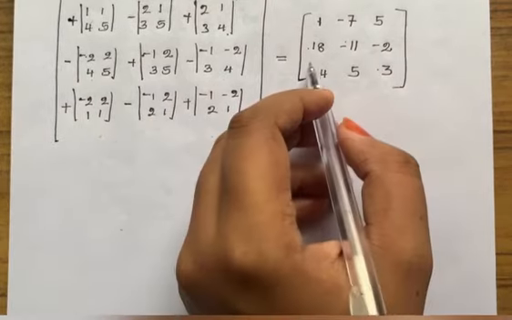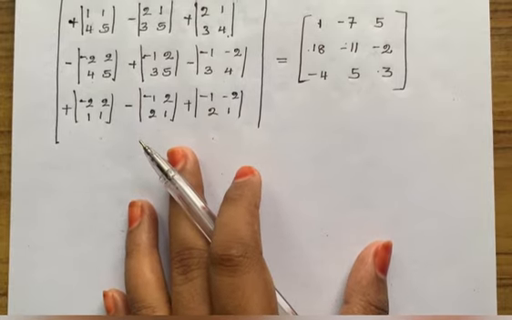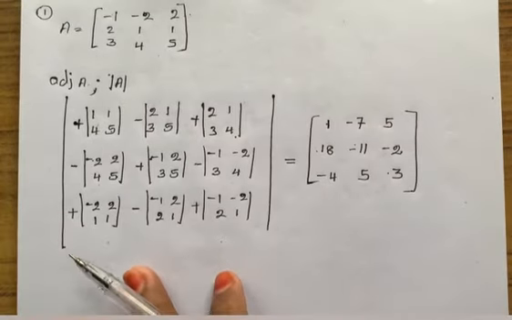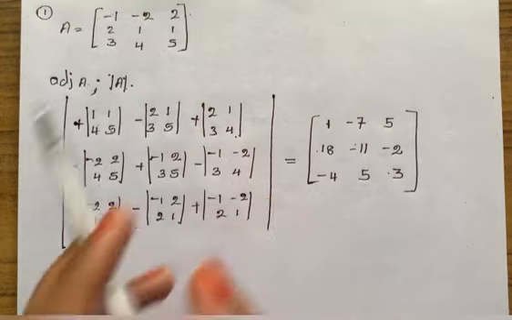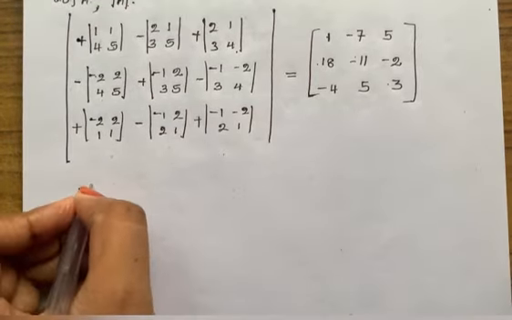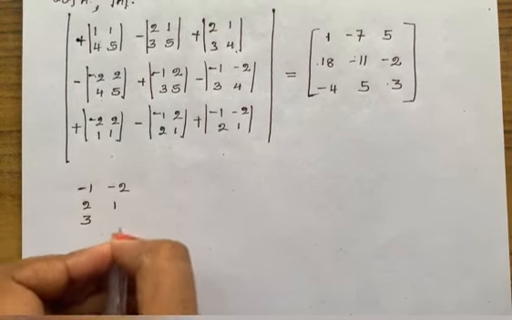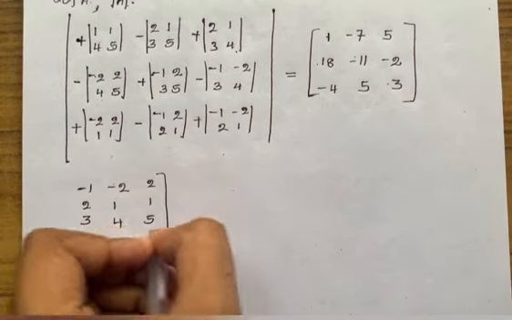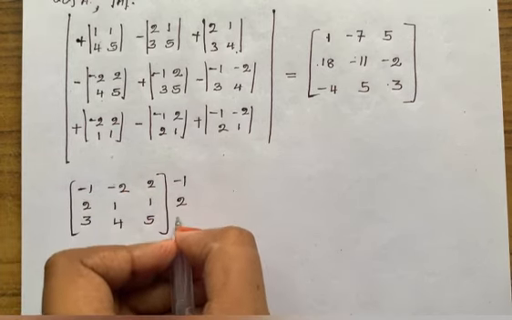And now I'm going to find the determinant of the 3 by 3 matrix using the copying method. Okay, so you can do it in either way, like copying 2 columns or by expansion. Copying the 2 columns is very easy, and we can use it very fast.